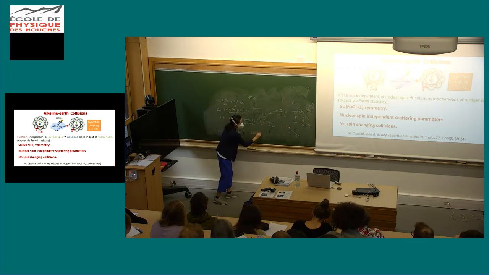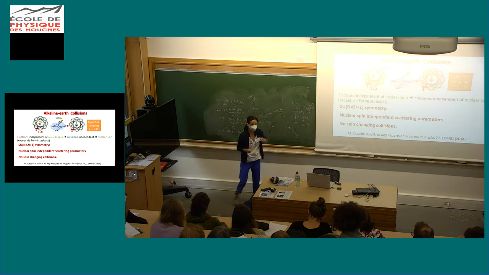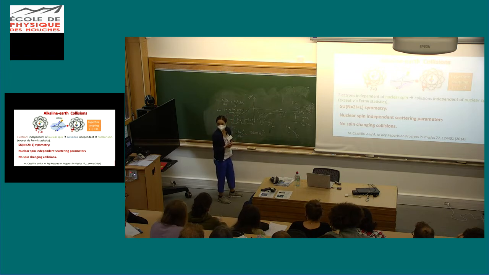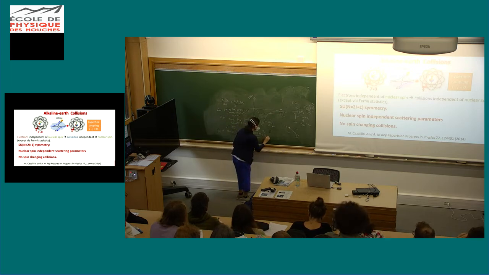You can look at this number in a table of the structure of the atoms. You can look at NIST and see what the hyperfine splitting is, and it's going to be of the order of 300 megahertz. And then delta E is an optical transition that is of the order of 400 terahertz. And if you compute this number, then you're going to have something that is of the order of 200 hertz.